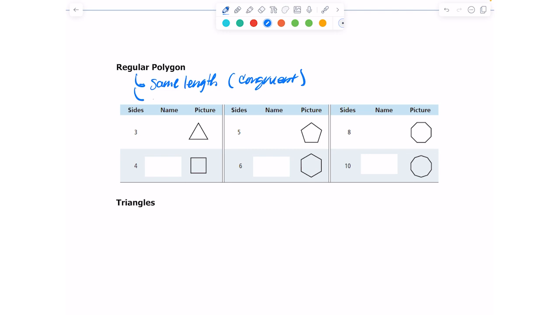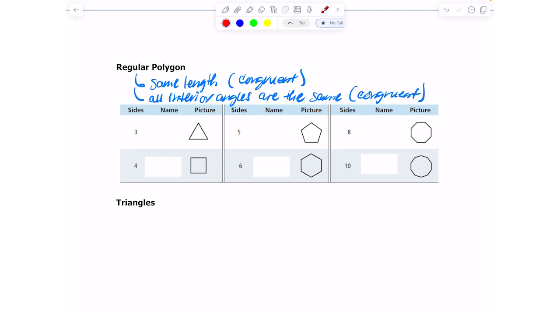So a regular polygon has congruent sides and all the angles are congruent. So all of these here are regular polygons because all of their sides and all of their interior angles are equal.